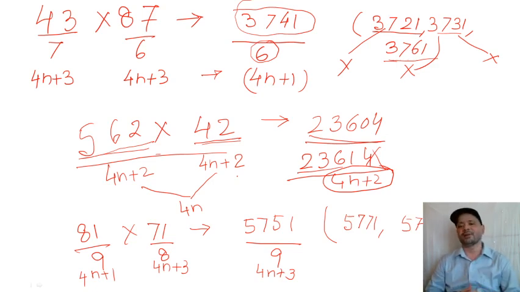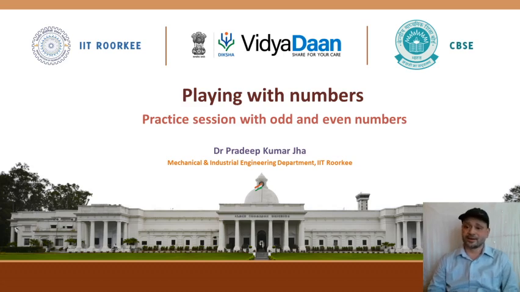When you multiply any number with a 4n type number, it has to be only 4n type. If you multiply any odd number with a 4n plus 2 type, it will be only 4n plus 2 type.